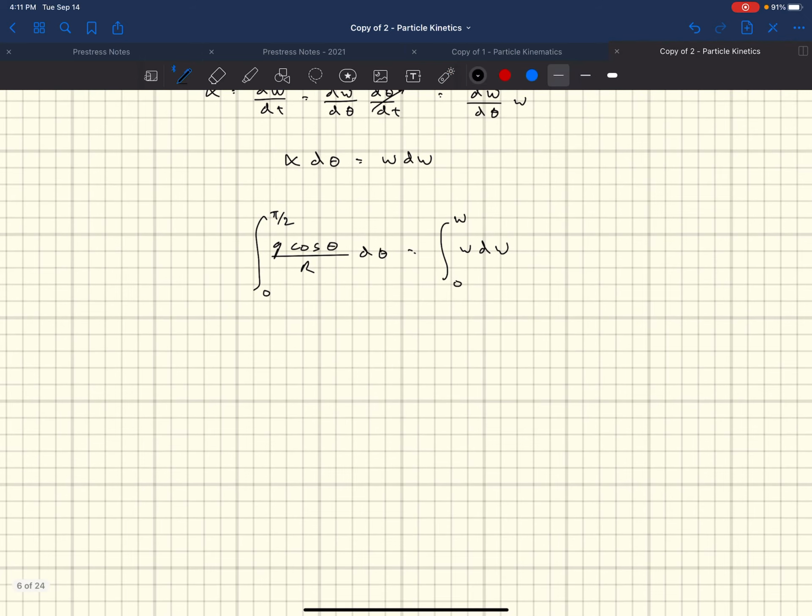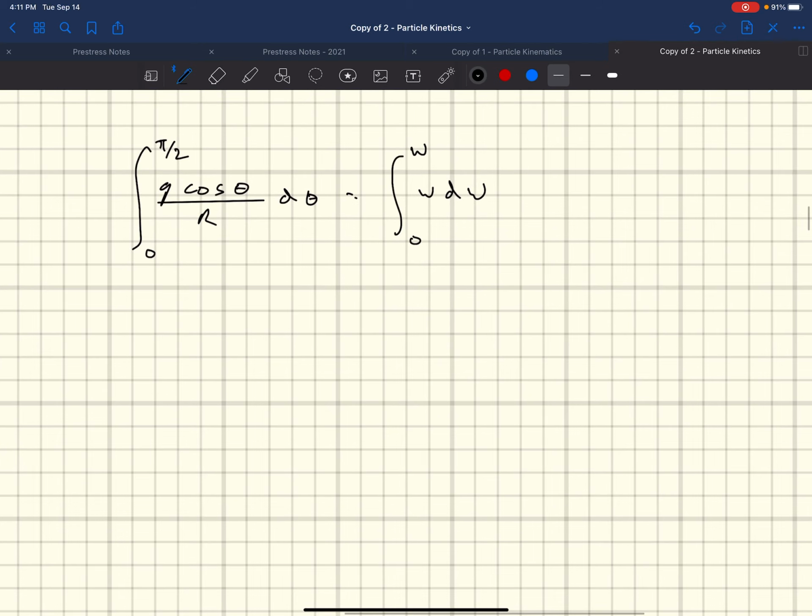And so I just plug this thing into my trusty TI-89, and it tells me that omega is equal to 0.567 rads per second. Okay, so that's not my velocity, but that is my angular velocity.